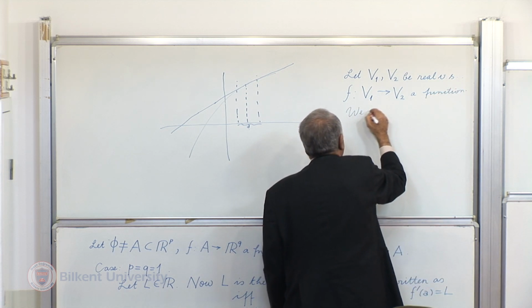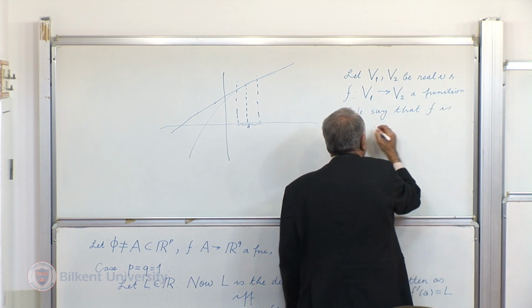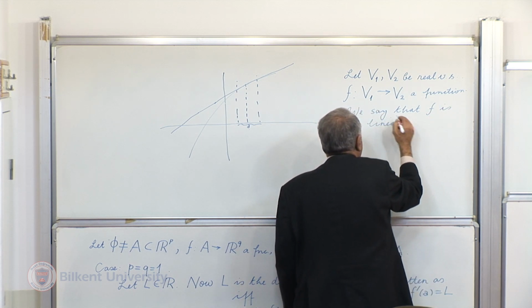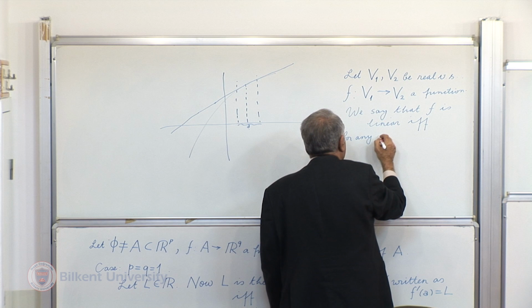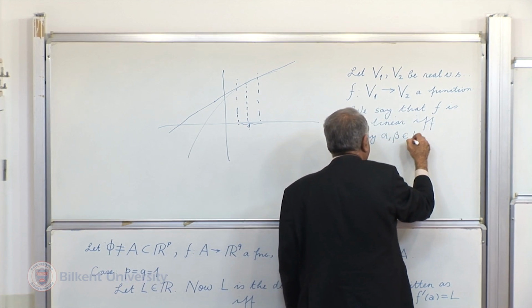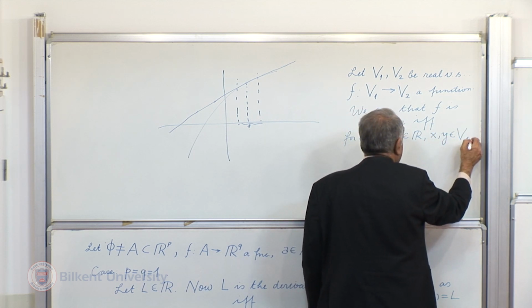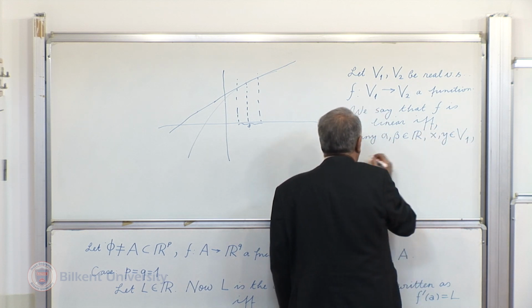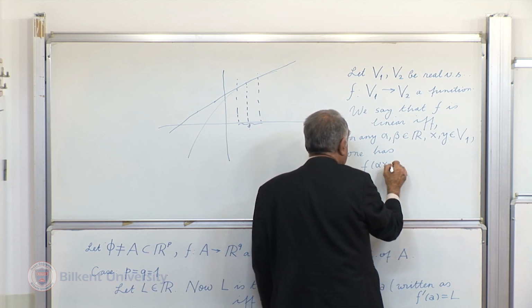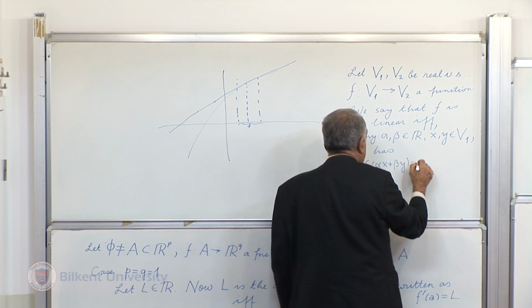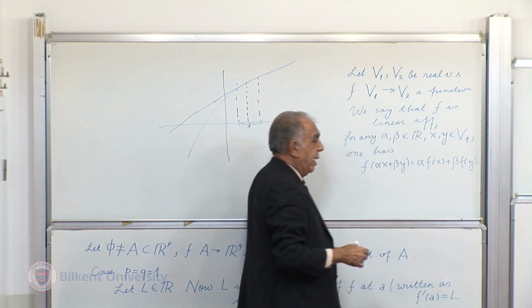Now we say that f is linear if and only if for any real numbers alpha, beta, and any two vectors x, y in V1, one has f of alpha x plus beta y equal to alpha f of x plus beta f of y.